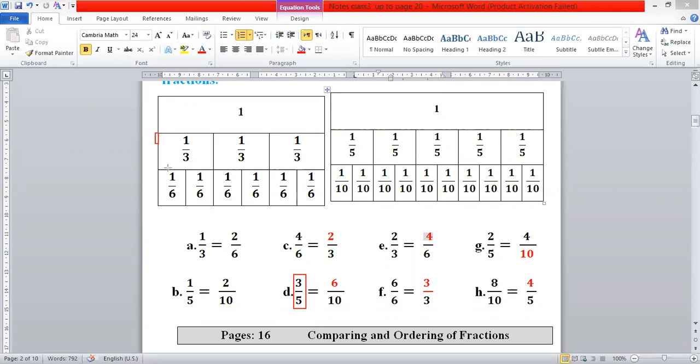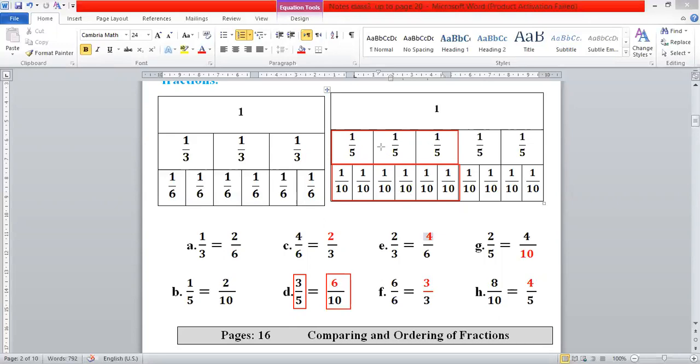These 3 parts are covered by 3 over 5. So this portion, we know that this portion is equal to this portion. So how many tenths here? 1, 2, 3, 4, 5, 6. That's why we write here 6 over 10.